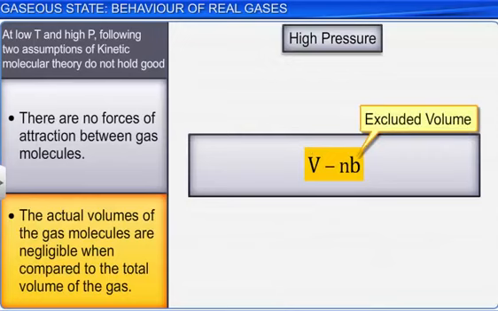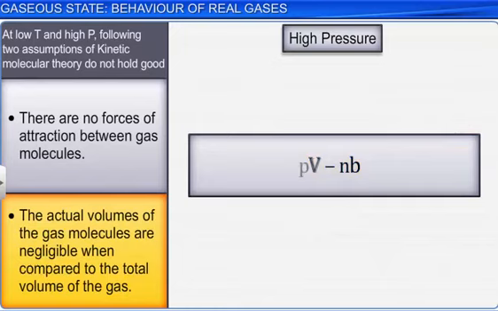After substituting the two corrections of pressure and volume in the ideal gas equation, PV is equal to nRT, we get P plus a n squared by V squared, multiplied by V minus nb, is equal to nRT. This equation is known as the van der Waals equation.